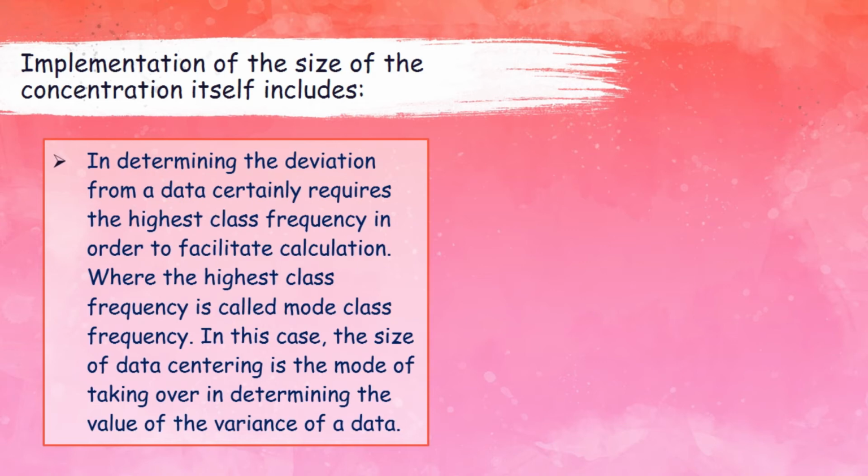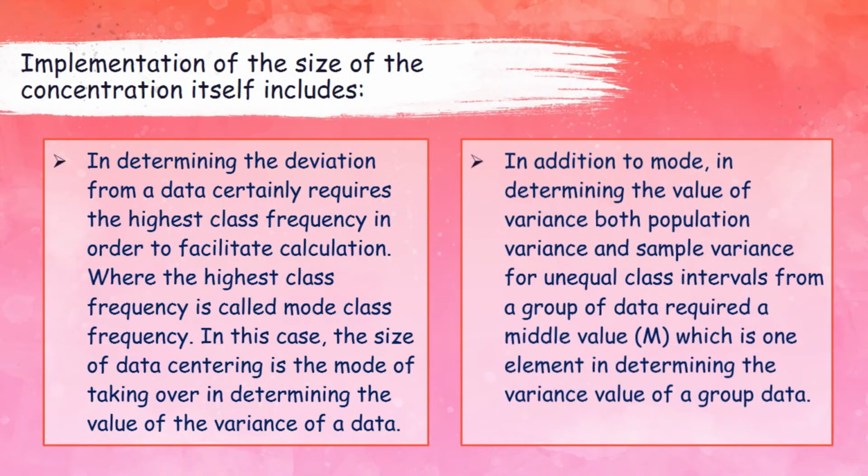In this case, the mode is the measure of data centering used in determining the variance of a data set. Number 2, in addition to mode, in determining the value of variance, both population variance and sample variance for unequal class intervals from a group of data require a middle value, which is one element in determining the variance value of group data.